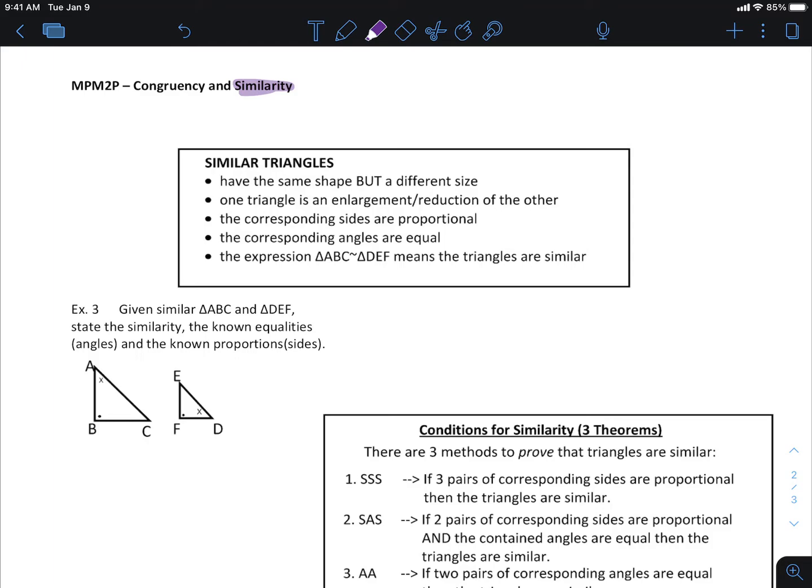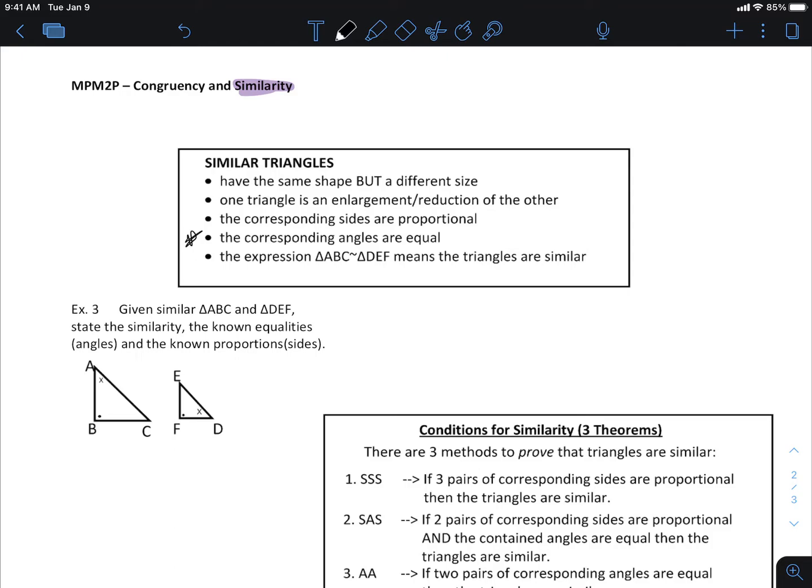But for triangles, similar triangles have the same shape but a different size. So one triangle is an enlargement or reduction of the other, but all the corresponding side lengths are proportional. The word proportional means that they're changing in the same way, all of them. But here's the important one: all the angles are equal.